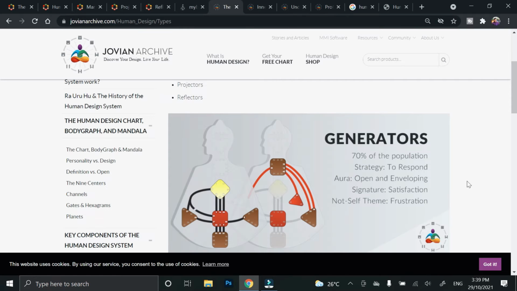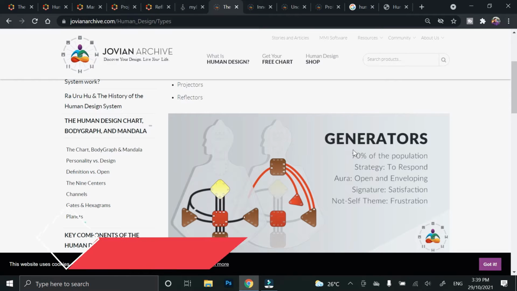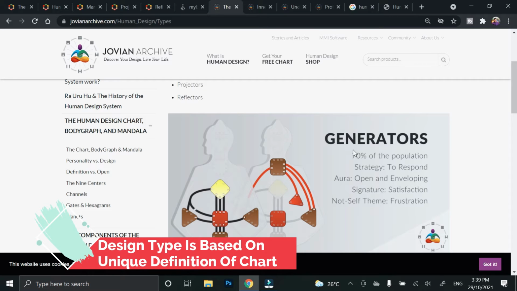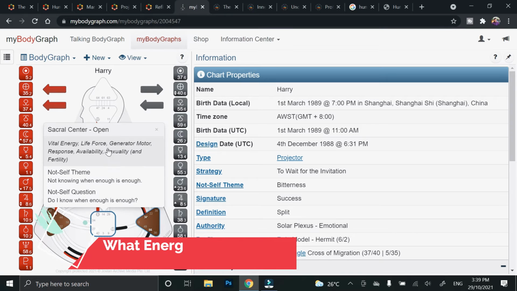So how is your design type and strategy determined? Your strategy, like I mentioned, is based on your specific design type, and your design type is based on the unique definition of your chart. In other words, which energy centers and channels are activated and connected.